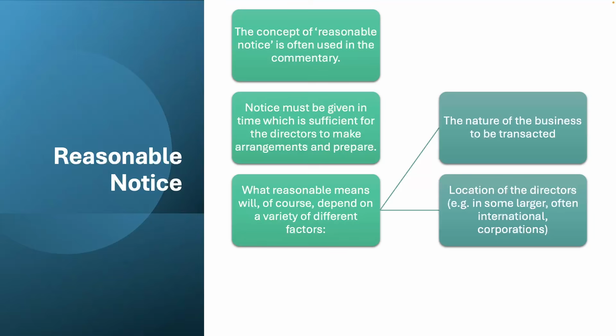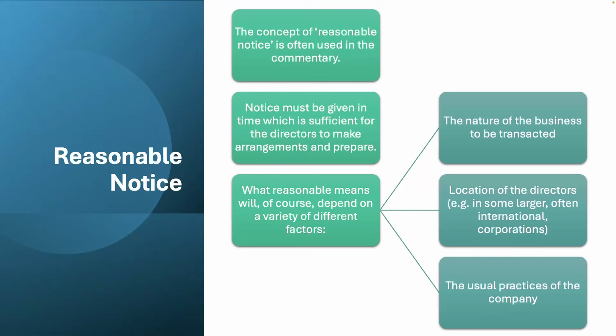If some of the directors are abroad, then this might, in quite large, often international corporations, be an issue that needs to be considered. Although, of course, the means of how to get communications is still listed in Article 9. So it might be the case that electronic communications is important, but also it could include the usual practices of the company.